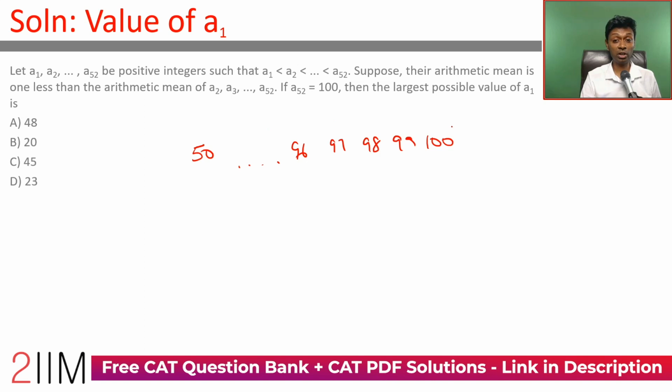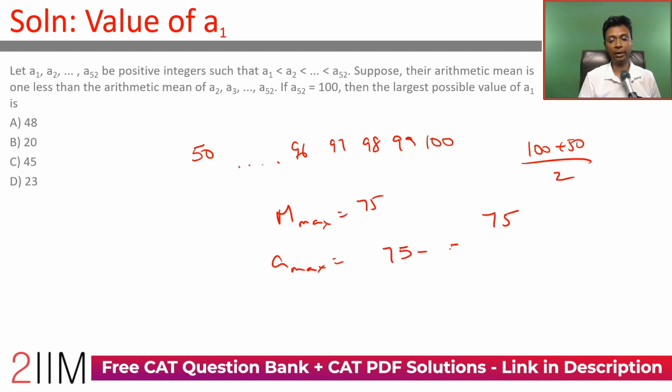It should be 51 numbers. Average of all this is nothing but 100 plus 50 by 2. That will be the average. Average is 75. So the M max is 75. A1 max is 75 minus 52, which is 23.